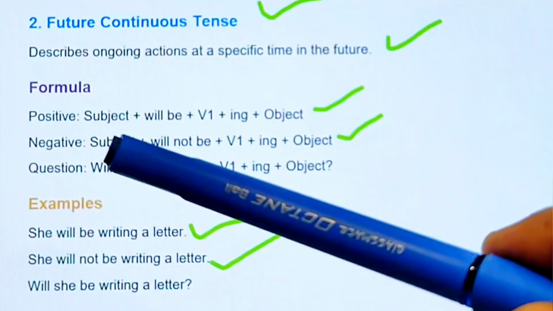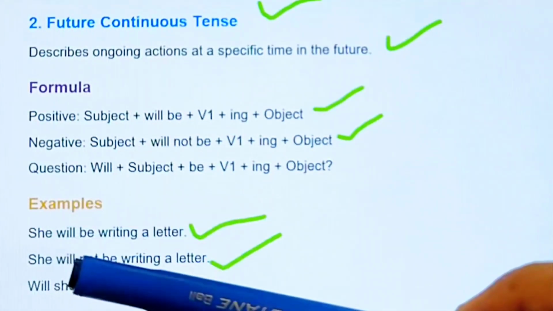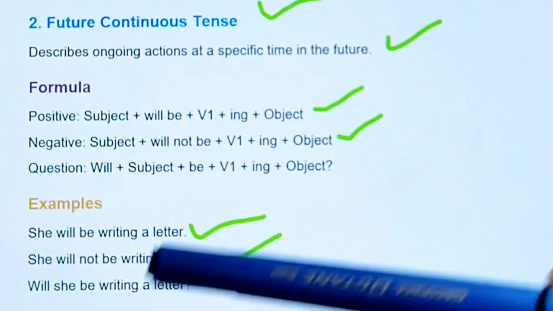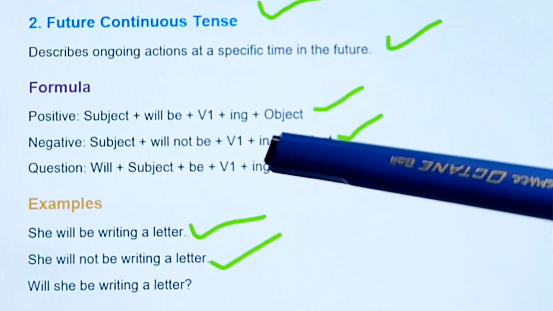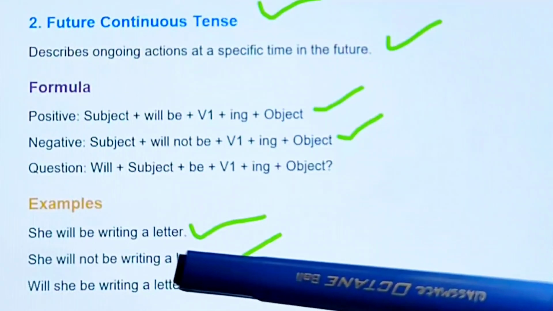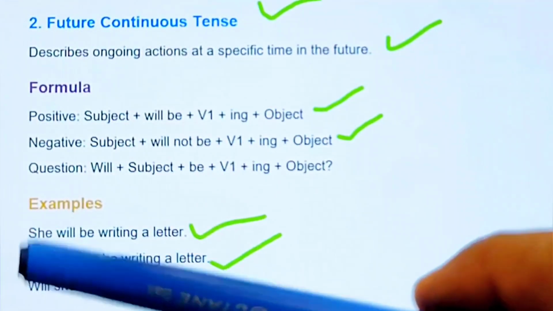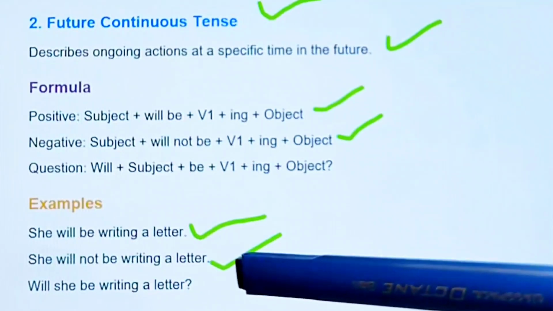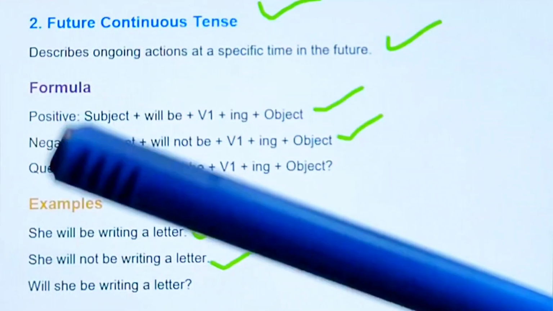She is the subject, will not be is for future continuous, and writing is the first form plus ing, and the object in the sentence is a letter. So she will not be writing a letter. This is a very simple sentence.